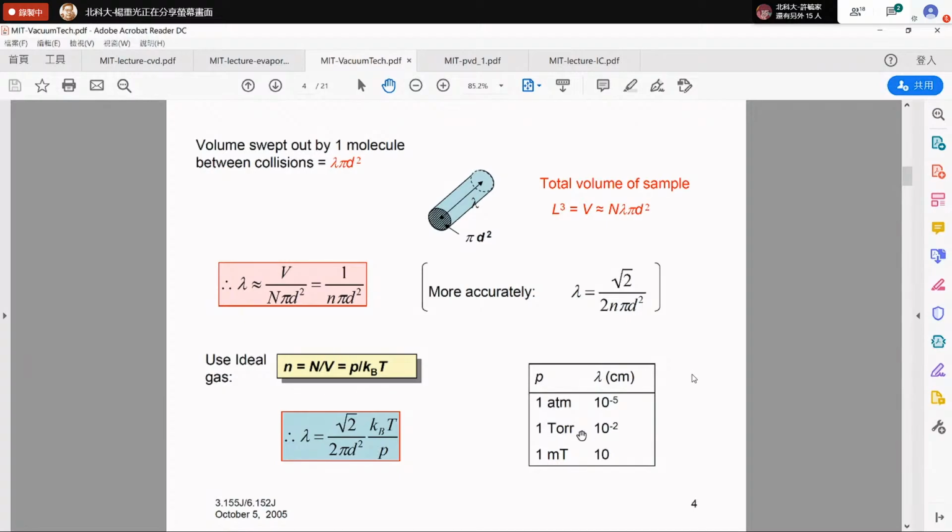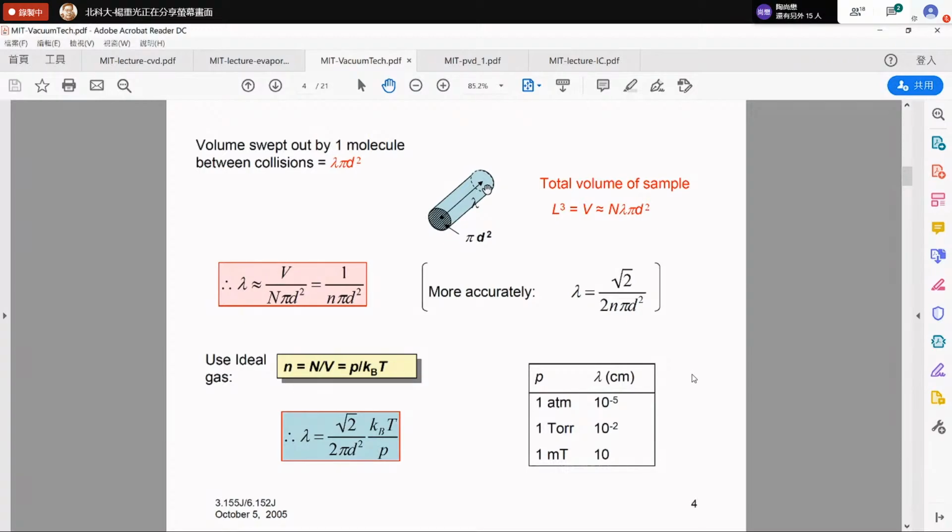One torr is where most vacuum technology operates, the operating pressure of vacuum technology. At this pressure you have a length of about 10 centimeter.